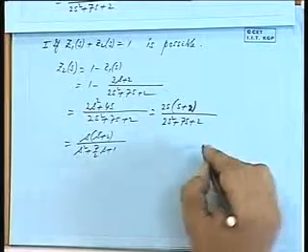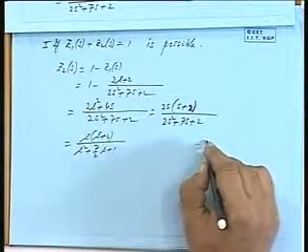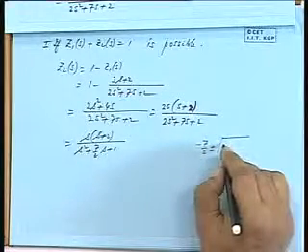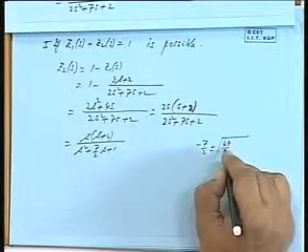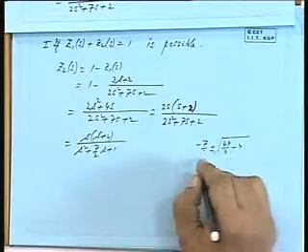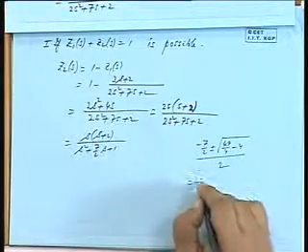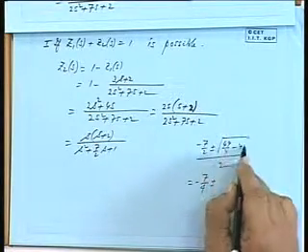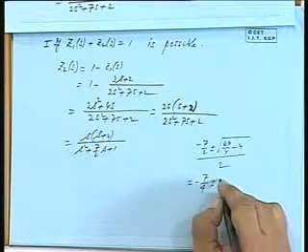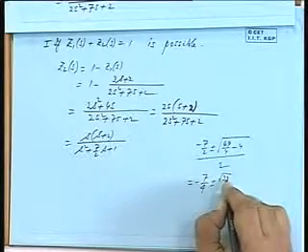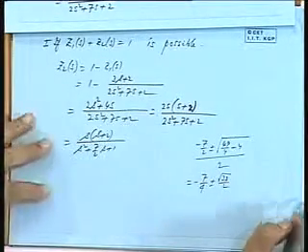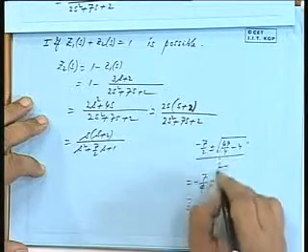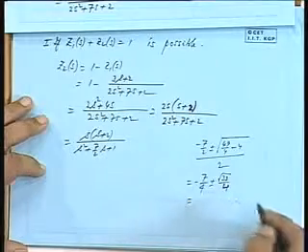B squared is greater than 4ac, so the roots are minus 7 by 2 plus minus, so 49 by 4 minus 4, divided by 2, so minus 7 by 4 plus minus root of 49 minus 16, so root 33 by 4.